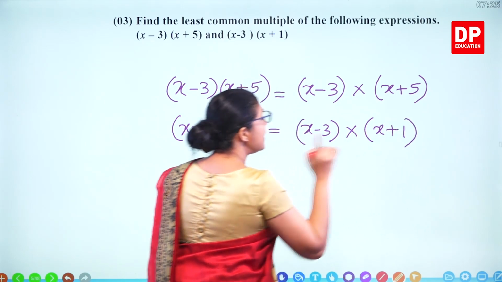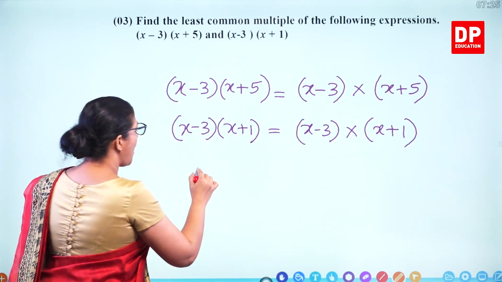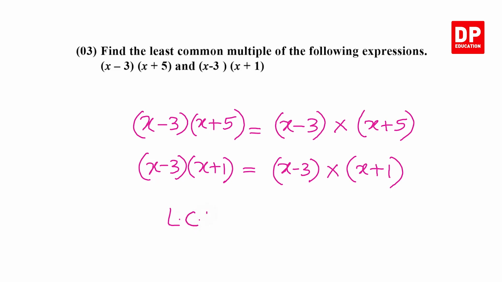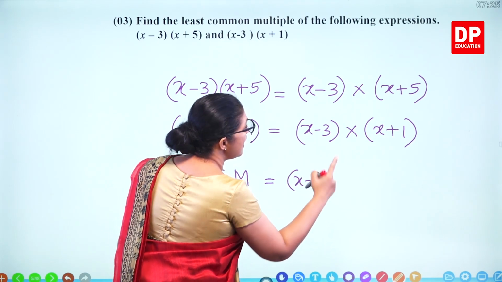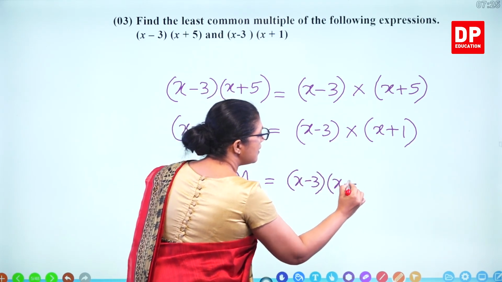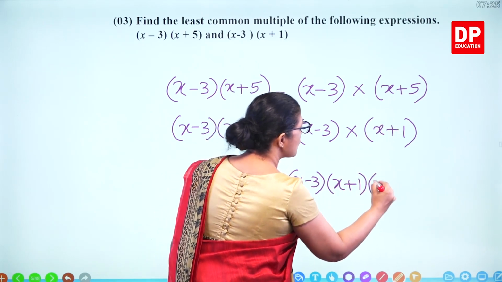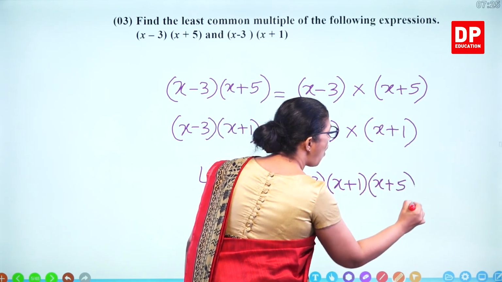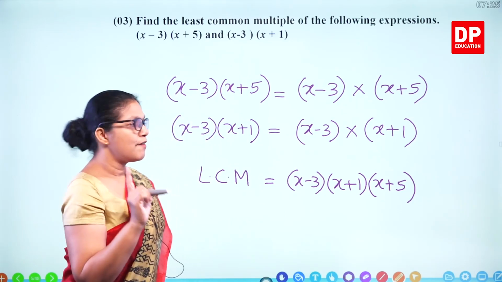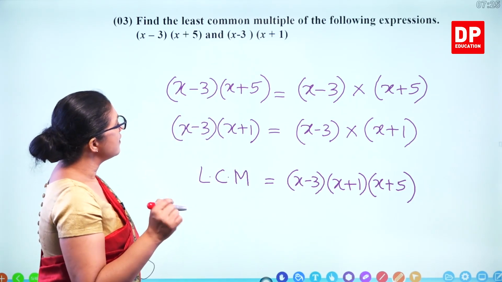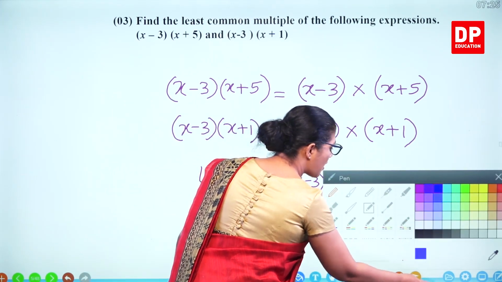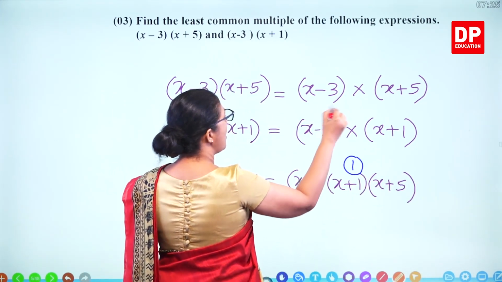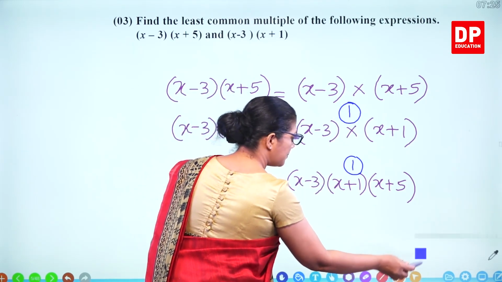Now, for the least common multiple, you have to take all possible factors. So, x minus 3 only once. So, you have to take x minus 3. And x plus 1 is there. You have to take that one and x plus 5 is there. So, you have to take all possible distinct factors. So, that's the lowest common multiple. So, 2 marks, 1 mark here and 1 mark for the method.